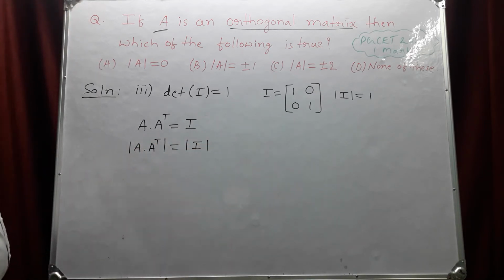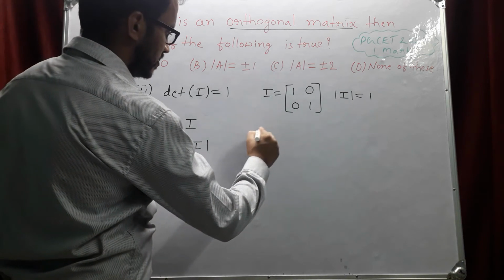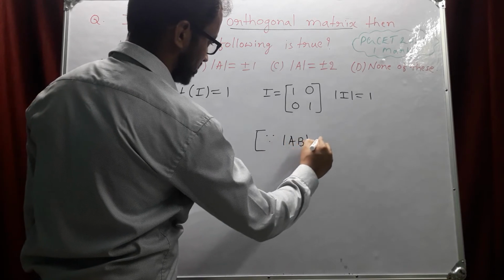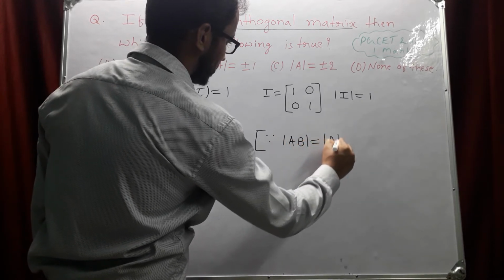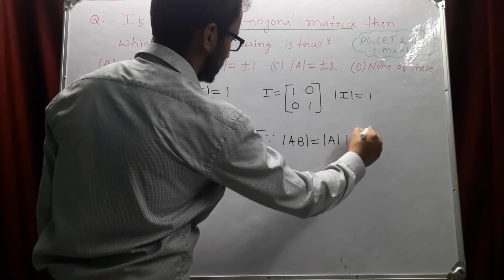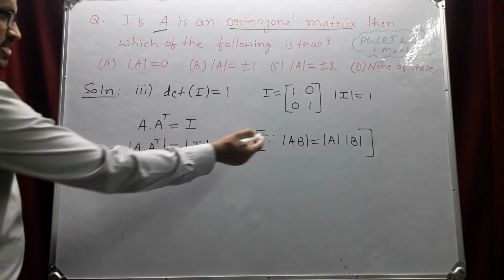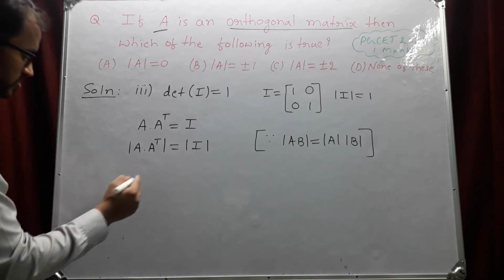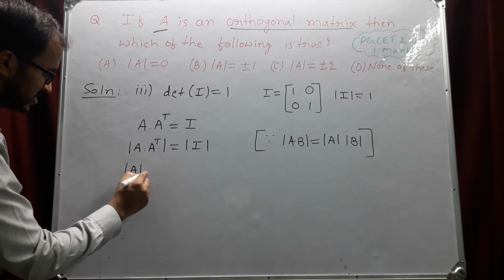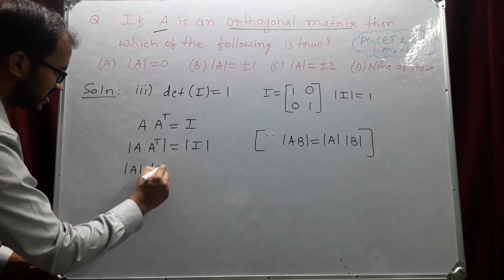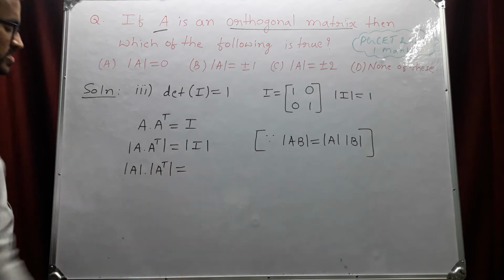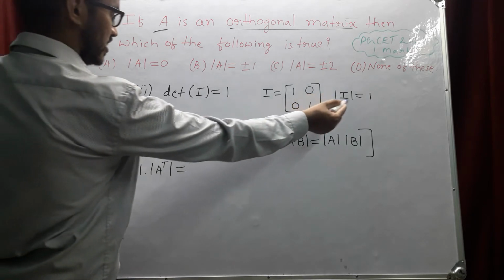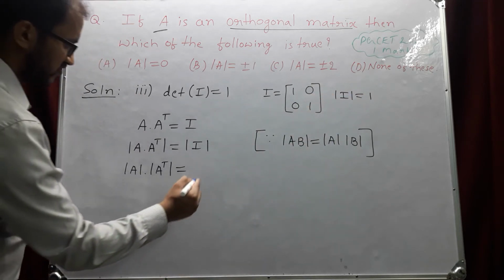As we have seen in the second property, the determinant of a product of two matrices is determinant of A into determinant of B. So determinant of A into A transpose can be written as determinant of A into determinant of A transpose, which is equal to determinant of the identity matrix. We have seen the determinant of the identity matrix is always 1.